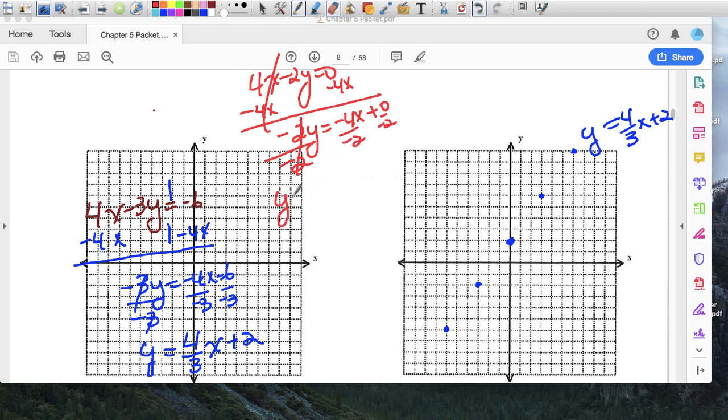Y equals negative 4 divided by negative 2 is 2, x positive, and just plus 0, because 0 divided by 2 is 0. So I know my y-intercept is 0, so it's going to cross the y-axis at 0.